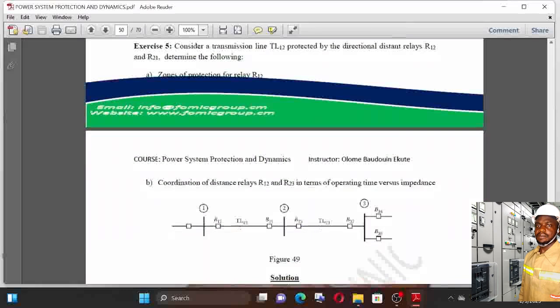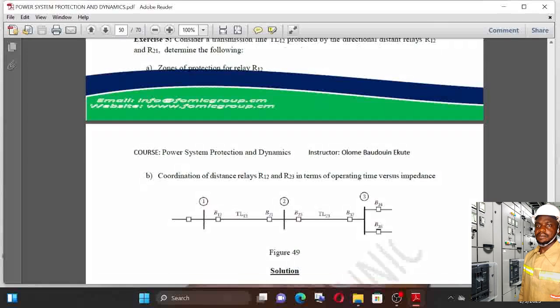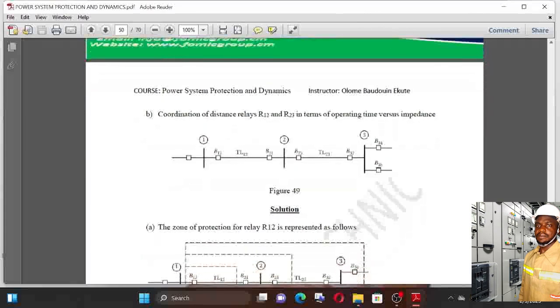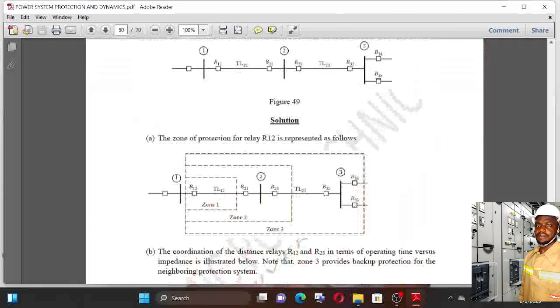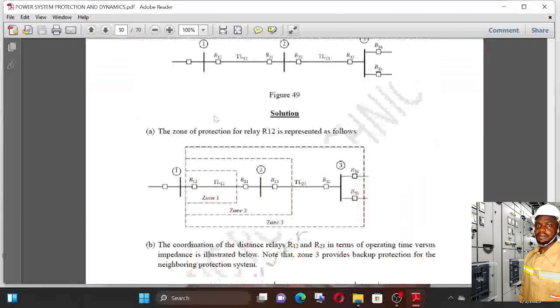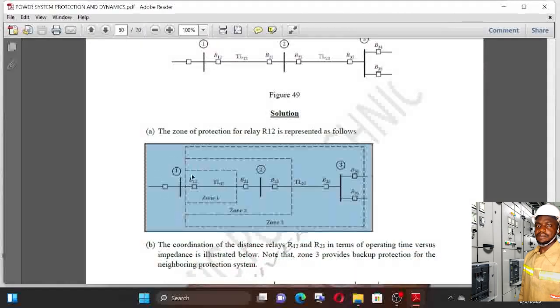Consider the transmission line protected by the directional distance relay R12 and determine the following: A, the zones of protection for relay R12. So you're just supposed to draw the zones of protection. B, the coordination. That means you have to illustrate the coordination time, right? So this is how you can draw the zones of protection: zone 1, zone 2, and zone 3.